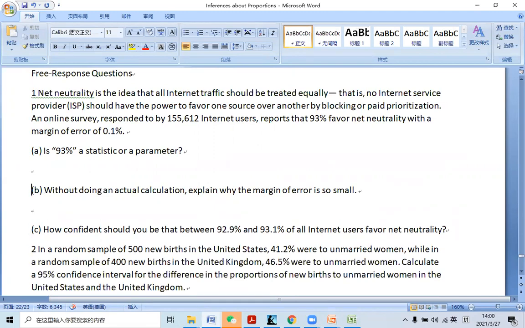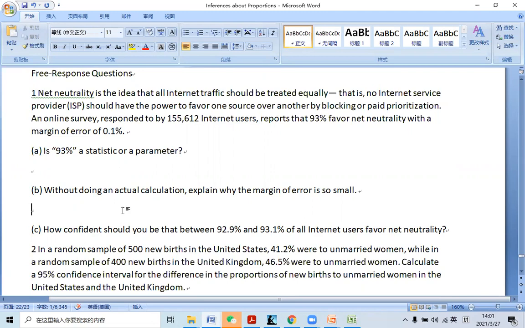Let's see. B, without doing actual calculation, explain why the margin of error is so small. Why do you have a small margin of error? The margin of error is really small.